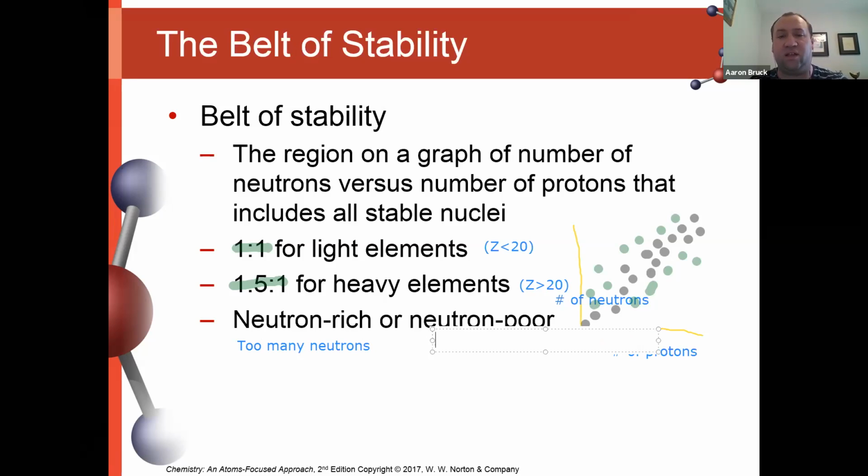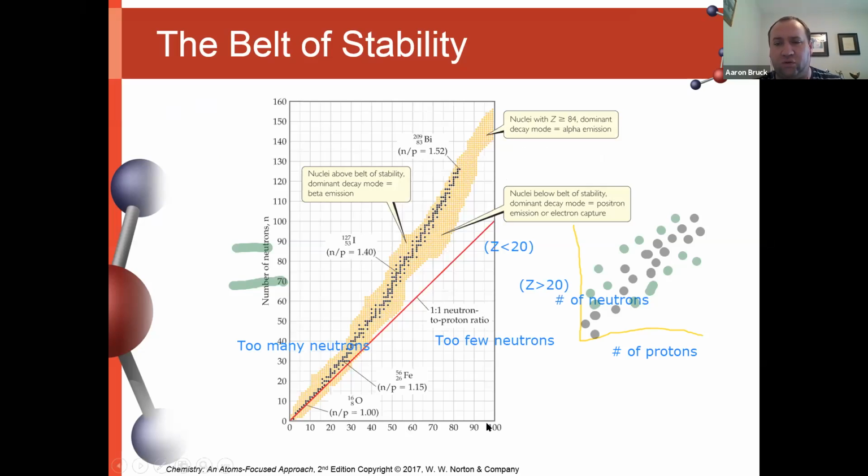The neutron poor ones are the ones that have too few neutrons and are unstable because of that. From that aspect, we can start to look at what the belt of stability actually tells us. And so this is the actual graph of the belt of stability.